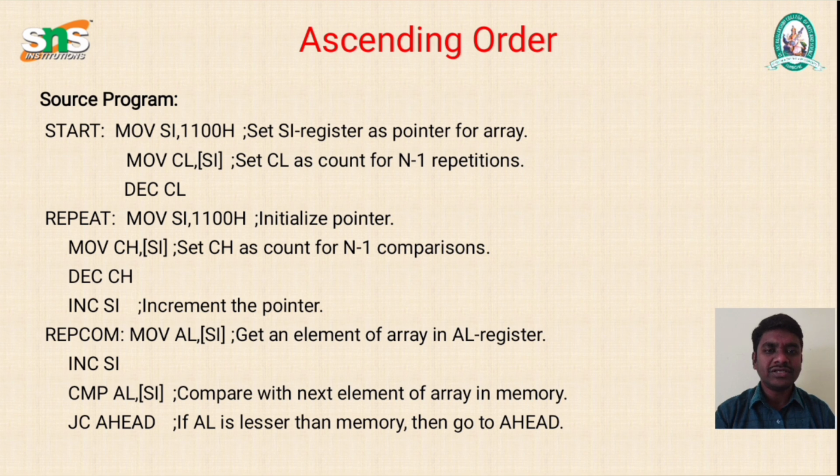First step, the starting point, is MOV SI, 1100, which means set the SI register as pointer for the particular array from which we are getting inputs. Next step, MOV CL, [SI], which means set CL as count for n-1 repetitions.